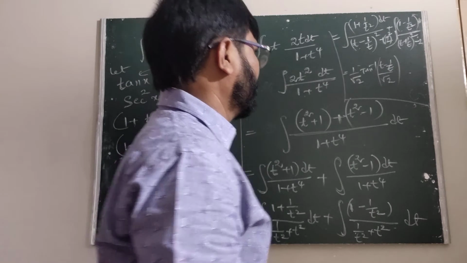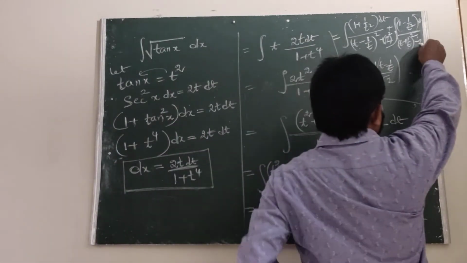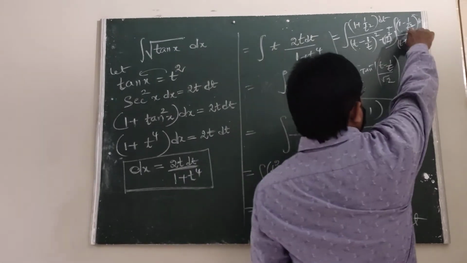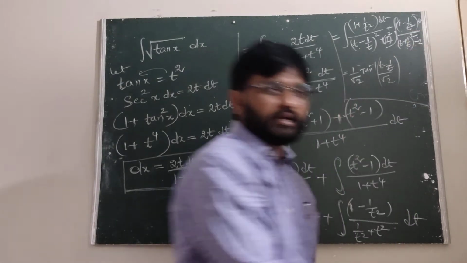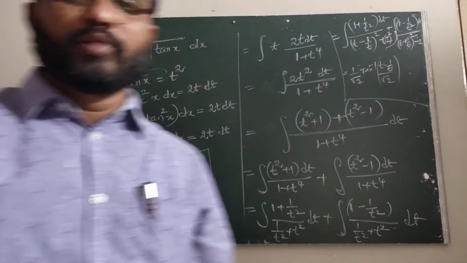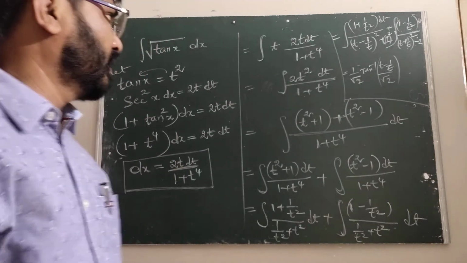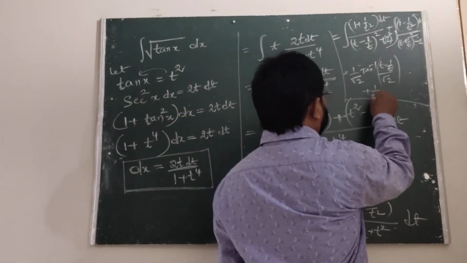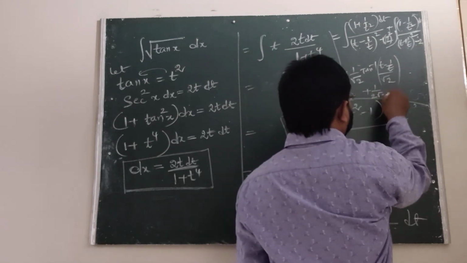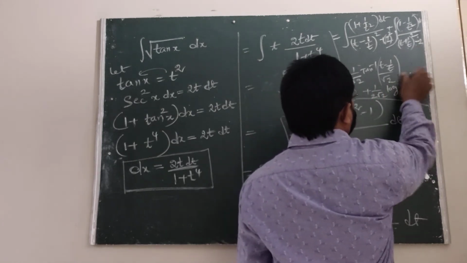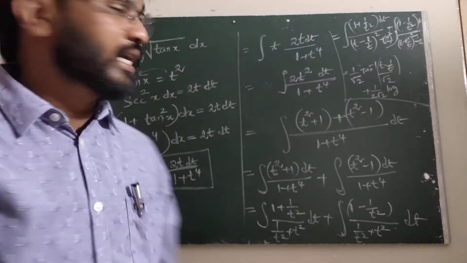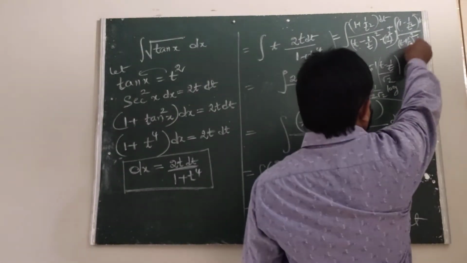Then we take y square minus root 2 whole square. Therefore 1 upon x square minus a square is 1 by 2a log mod of x minus a by x plus a. What is the form? 1 by 2a, where a is root 2, log mod of x minus a by x plus a, where x we are taking as t plus 1 by t.